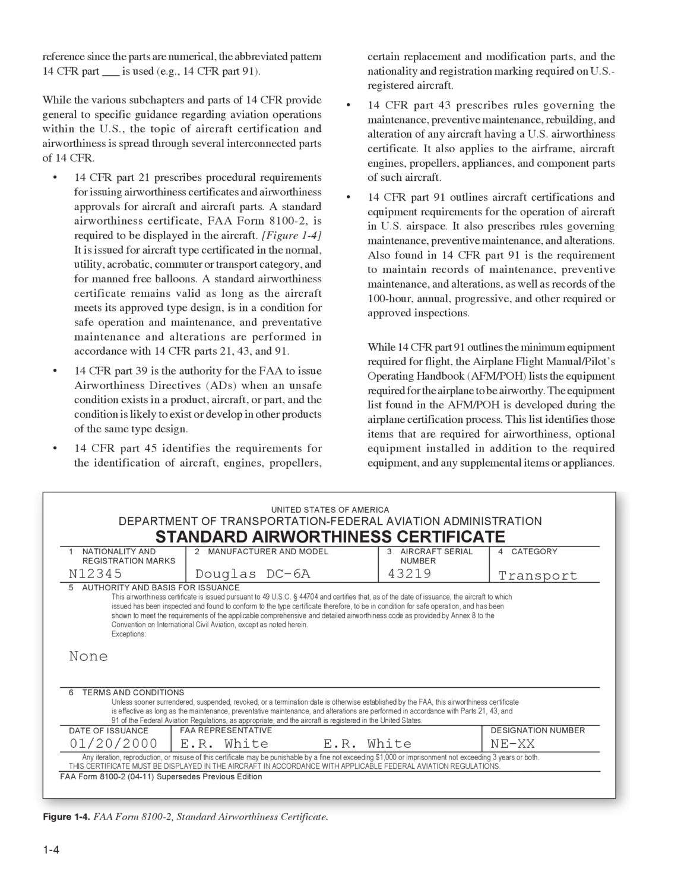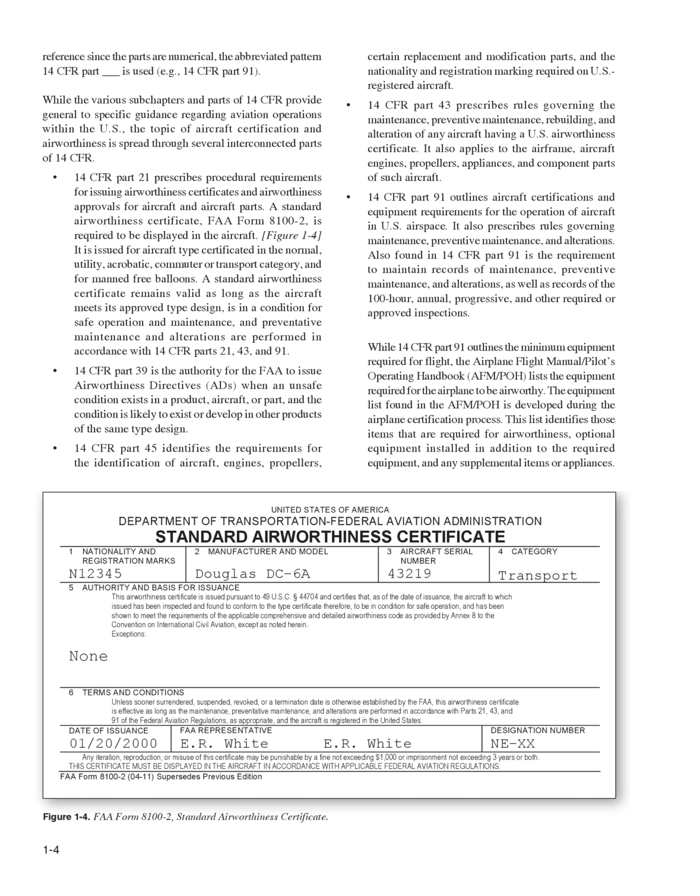A standard airworthiness certificate, FAA Form 8100-2, is required to be displayed in the aircraft. Figure 1.4. It is issued for aircraft type certificated in the normal, utility, acrobatic, commuter or transport category, and for manned free balloons.